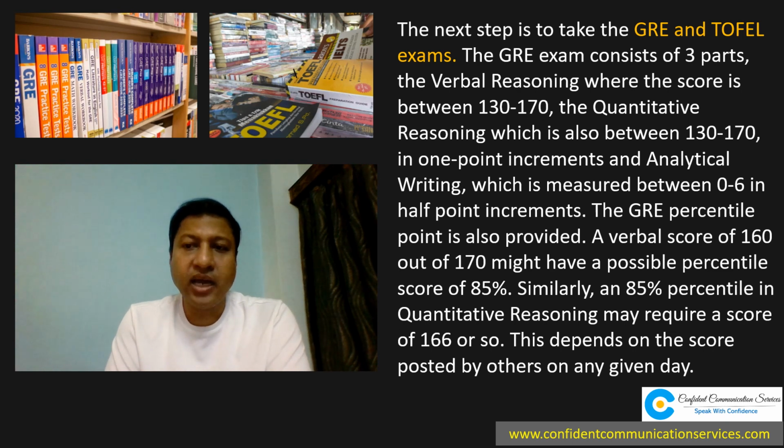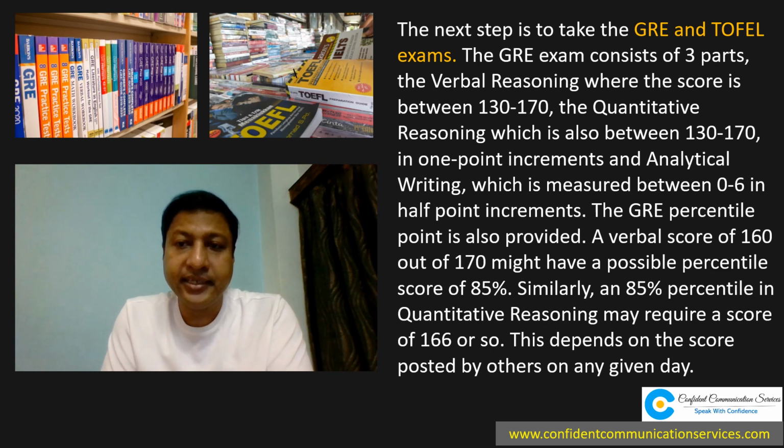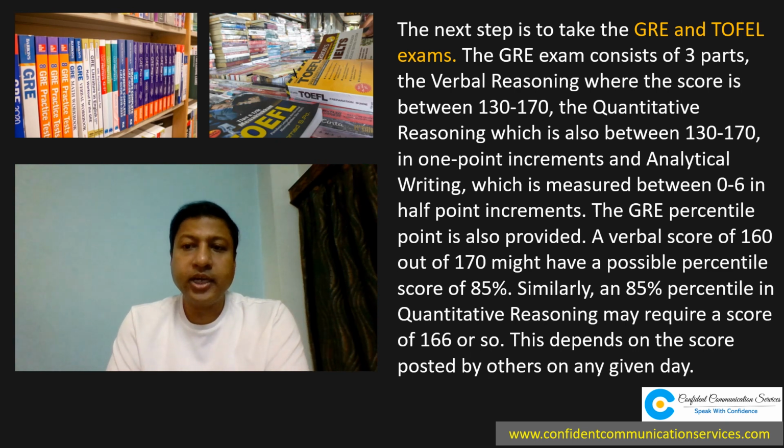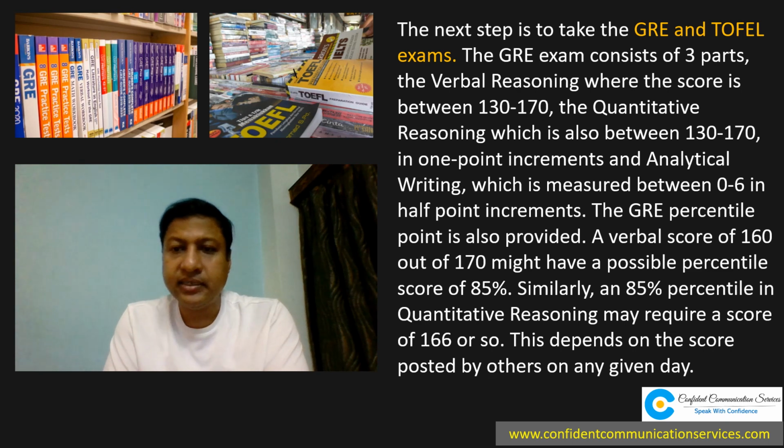The GRE exam consists of three parts: the verbal reasoning, where the score is between 130 to 170, the quantitative reasoning, which is also between 130 and 170 in 1 point increments, and analytical writing, which is measured between 0 to 6 in half-point increments.